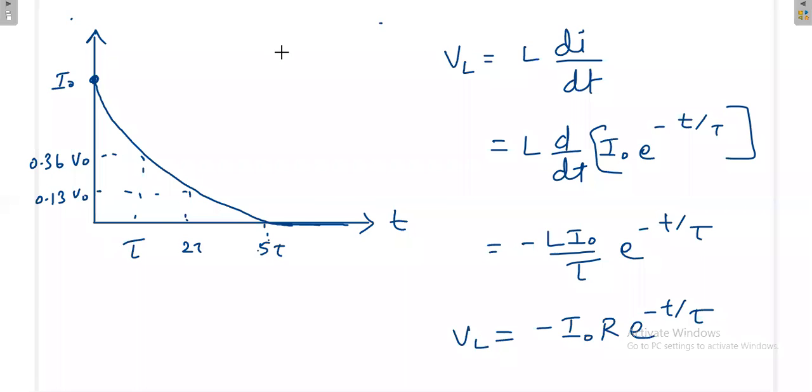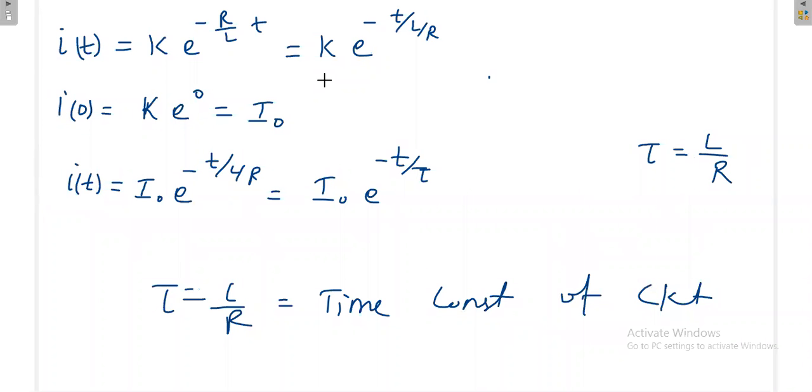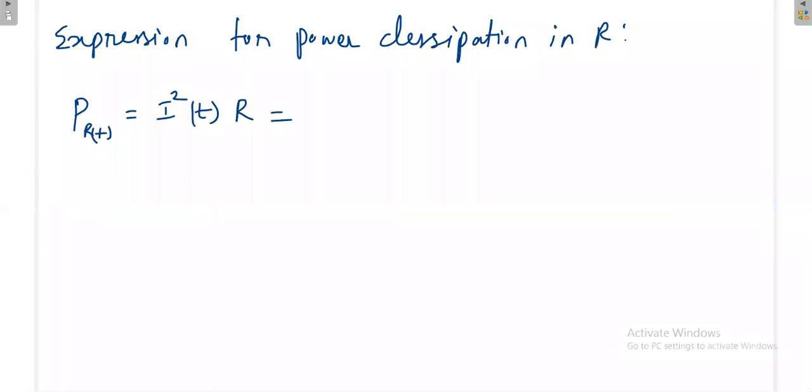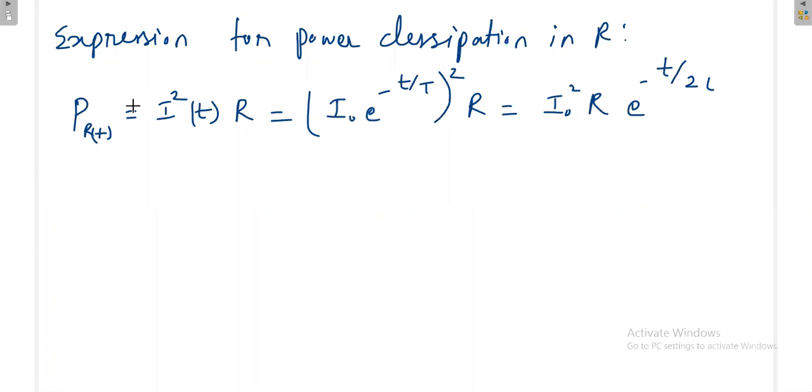I don't know if we have calculated it or not, but that is the same as i(t). The same current i(t) is flowing through the resistance also. That is I naught e power minus t by tau. So this is (I naught e power minus t by tau) whole squared into R, that is I naught squared R e power minus 2t by tau. This is the power dissipation across the resistor.